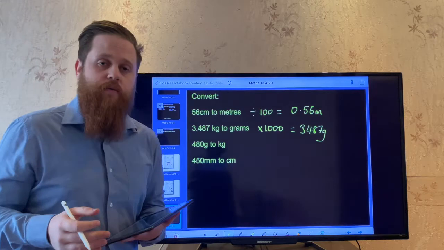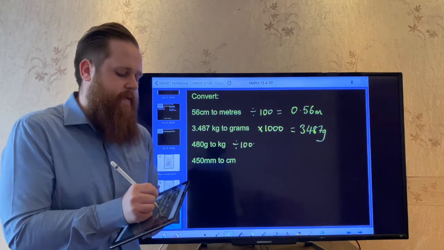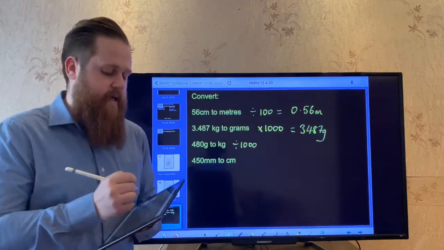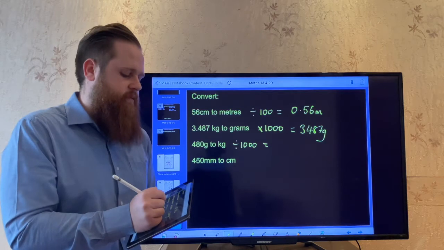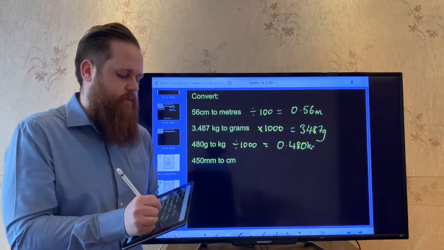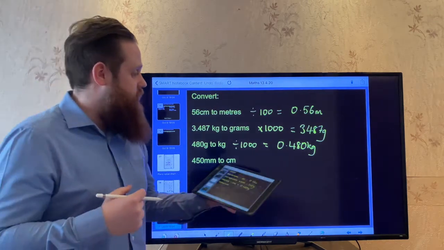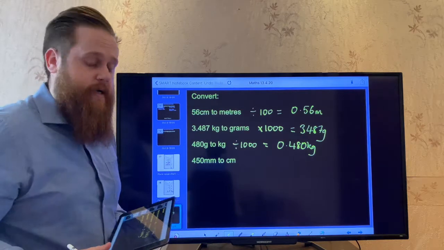This is the opposite way round now. I'm going to have to do this one as dividing by 1,000. If I divide this, I'm going to move it 3 places to the right, which will give me 0.480 kilograms. Again, do you need that 0 there? Probably not. You could put 0.48 kilograms, would be absolutely fine.